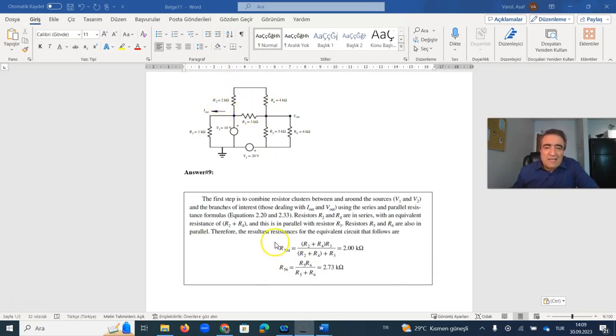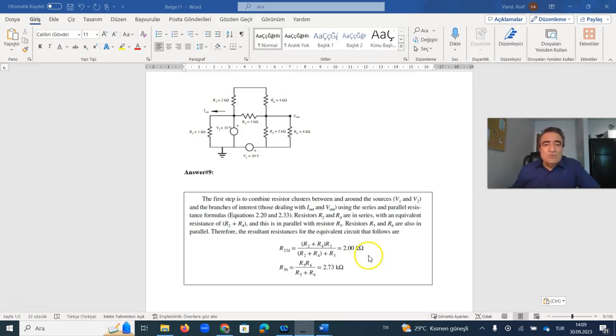This is parallel, and the formula will be written in this form. You are familiar with this type of calculation. After substituting the values of the resistors here, you will get R234 equal to 2.0 kilo ohm.